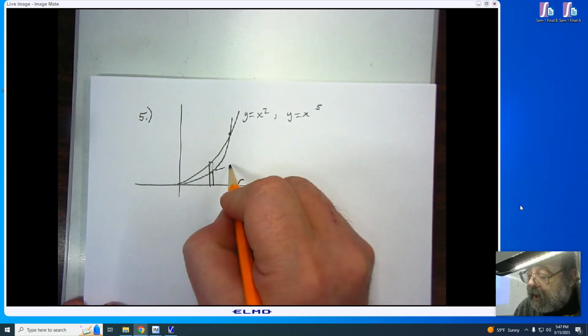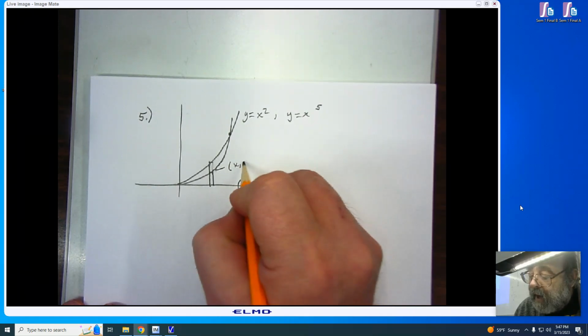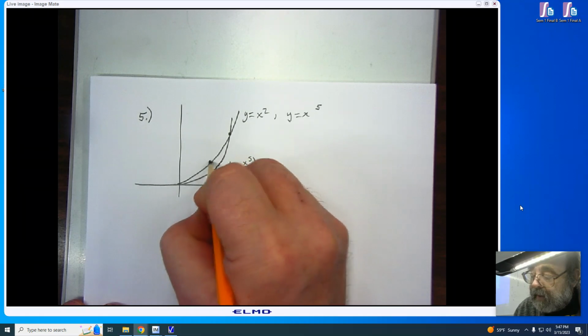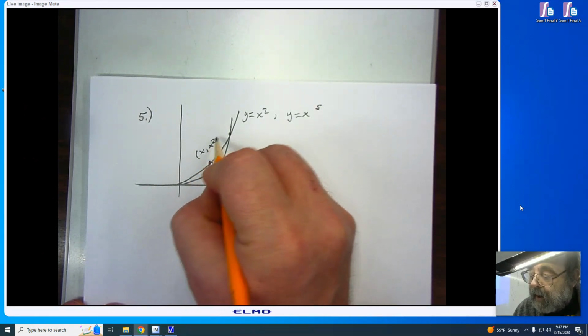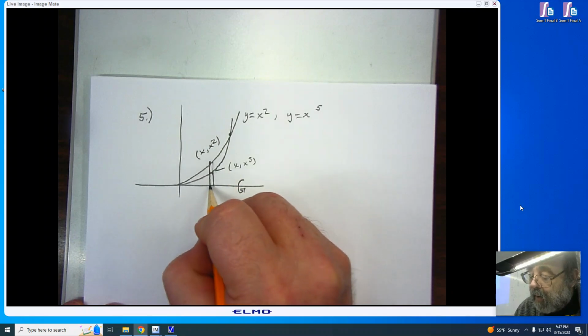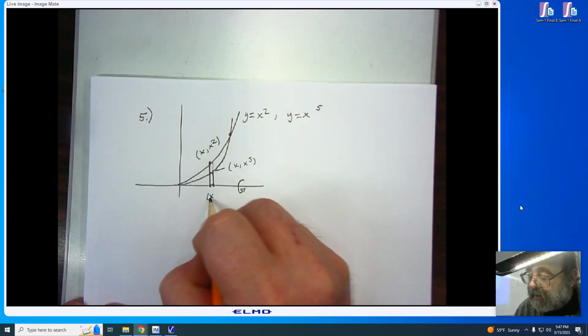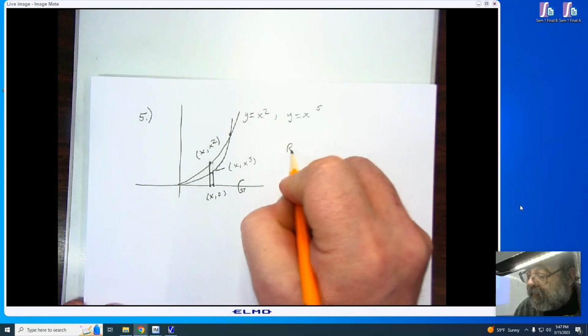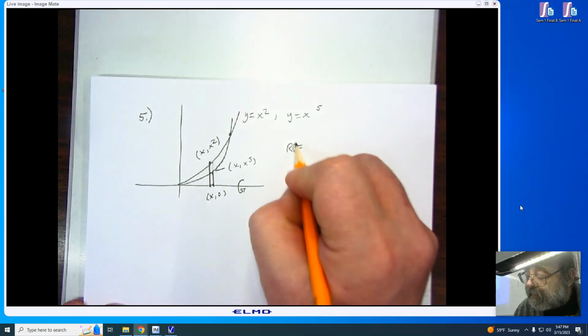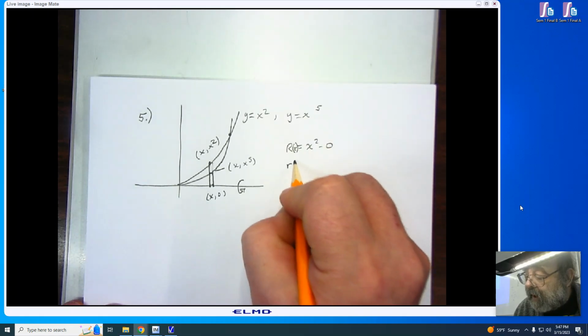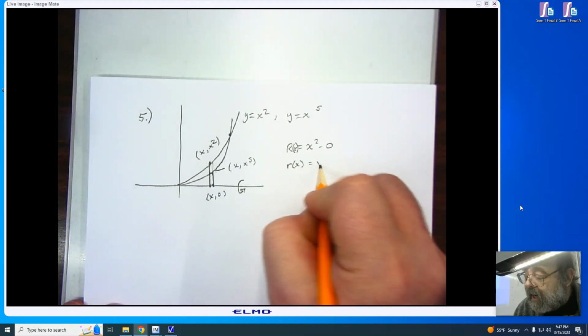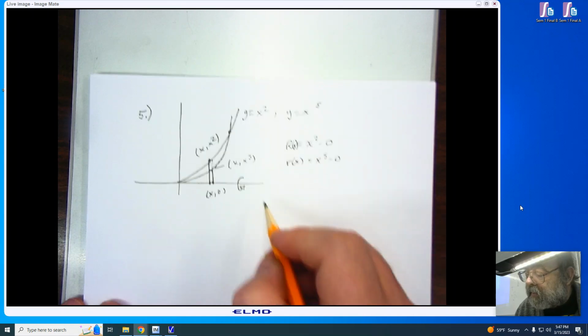So this point right here is x comma x to the 5th. This point right here is x comma x squared. My lower point down below is x comma 0. So I have a big R of x, and that's going to be x squared minus 0. I have a little r of x, which is x to the 5th minus 0.